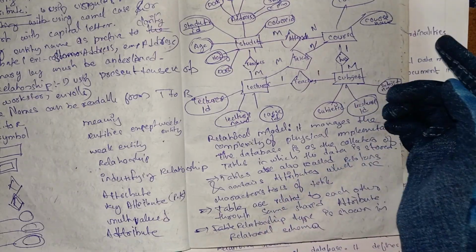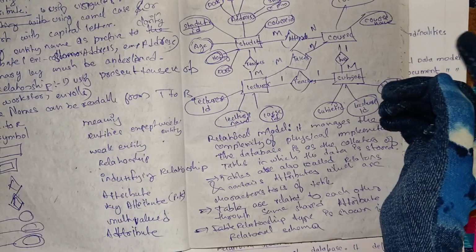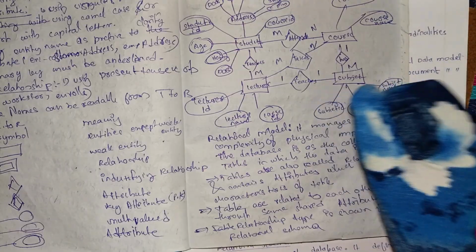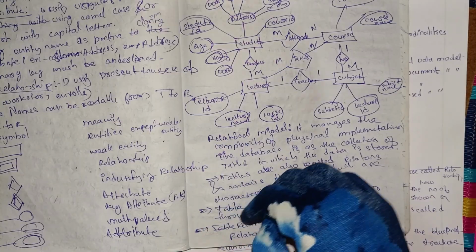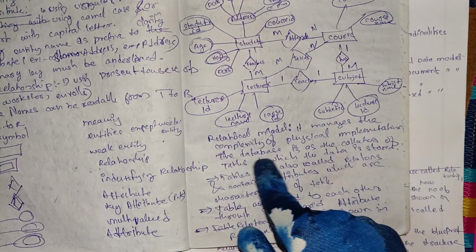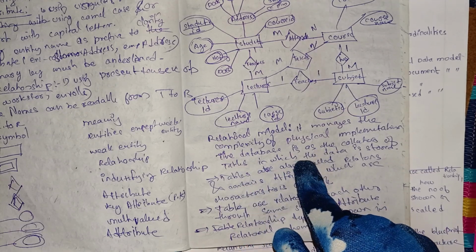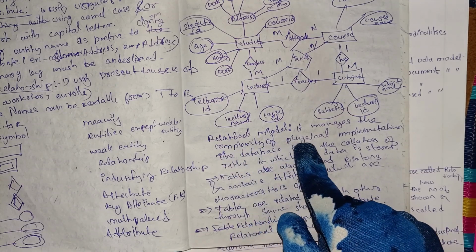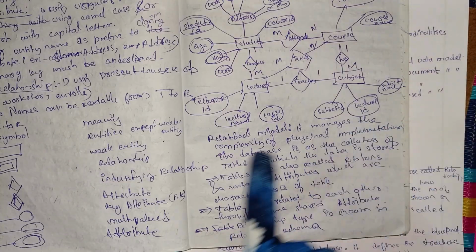A DBMS also stores the data in table format only. So in the relational model we also store the database as a collection of tables. This reduces the complexity of physical implementation, meaning it is easy to implement physically.